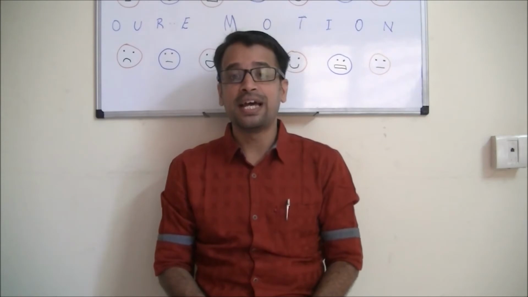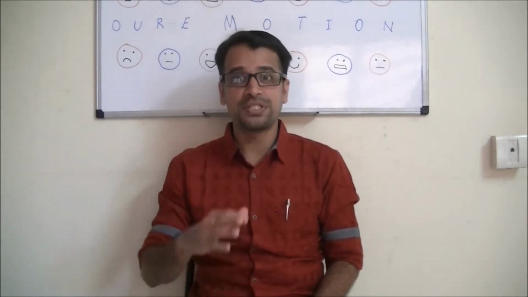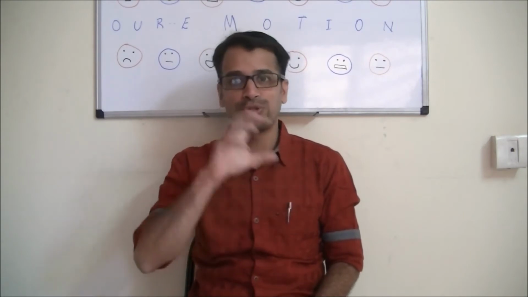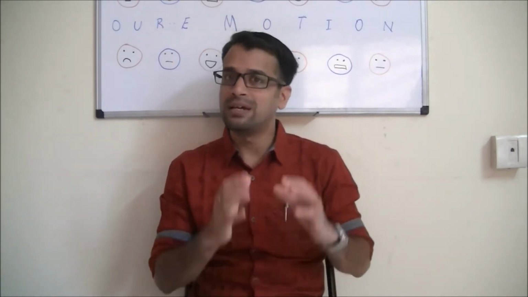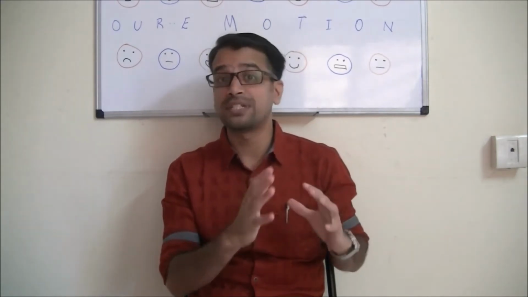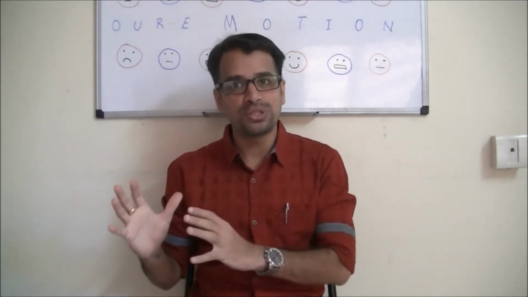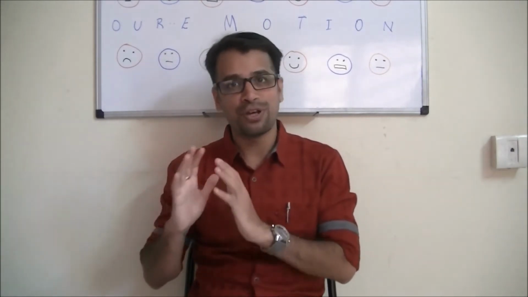Next comes blind self. That means those adjectives which the other person told about you but you did not say about yourself, all those will come in the blind self. Third is the hidden self. That means all the adjectives which you told about yourself but the other person did not identify will come in the hidden self. And the 4th quadrant or the unknown self will be blank.